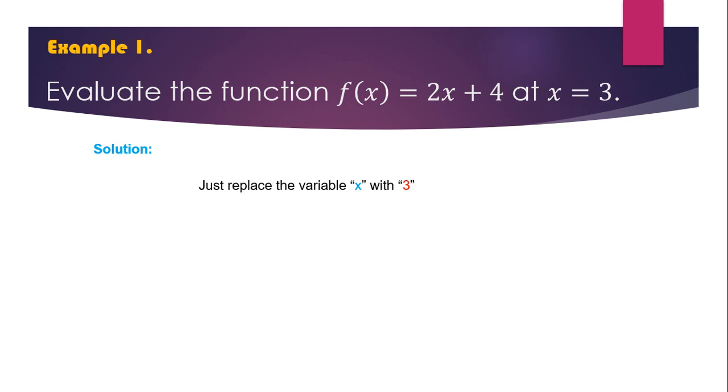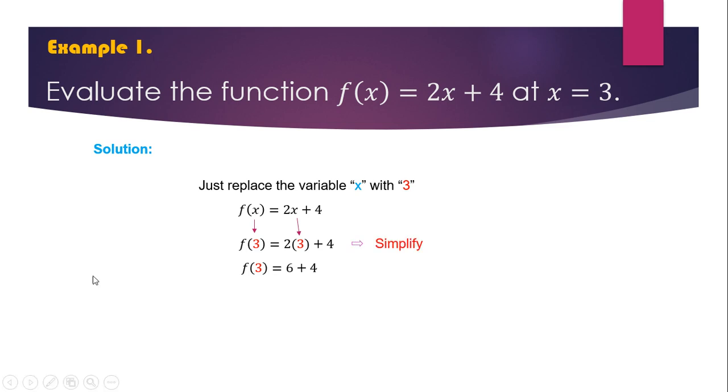So the solution, just replace the variable x with 3. So copy the function f of x is equal to 2x plus 4, then replace x with 3. That becomes f of 3 equals 2 times the quantity of 3 plus 4. Then simplify.